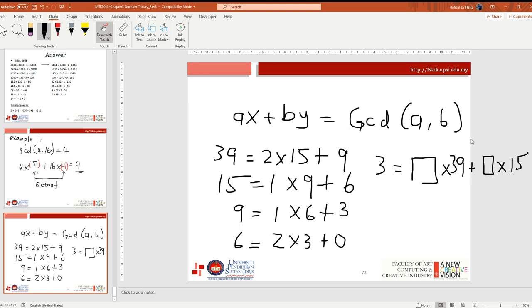So kita tengok equation from Euclidean algorithm 963 lah. Dan kita cari remainder. So kita start 9. Kita start dengan 9 ni. Jadi kita start 9 sama dengan 39 tolak 2 kali 15.